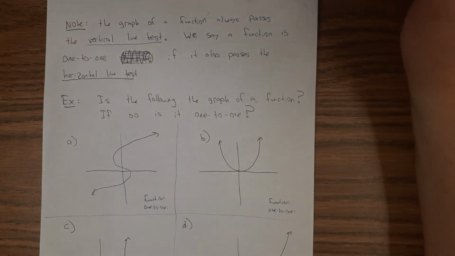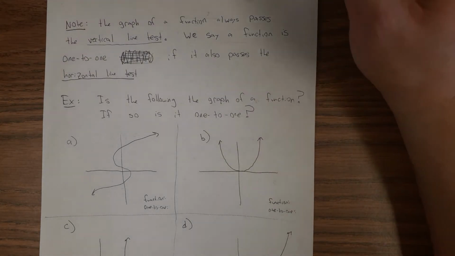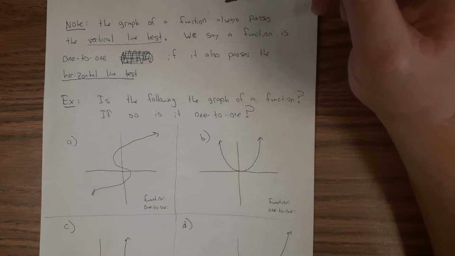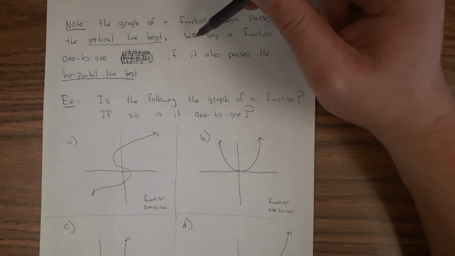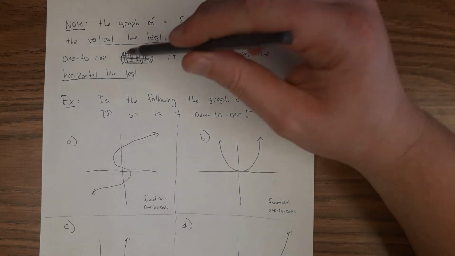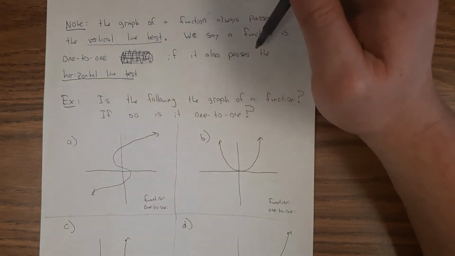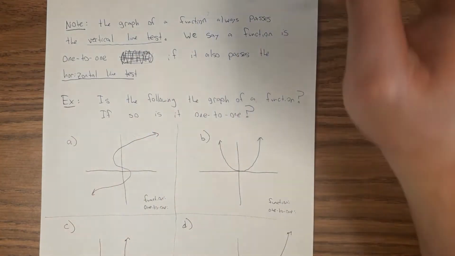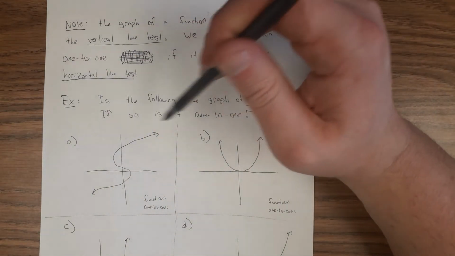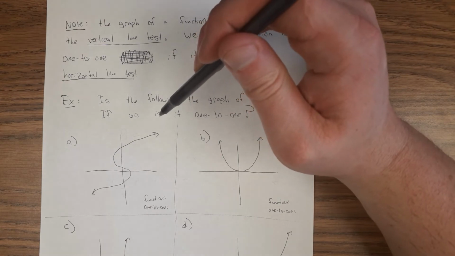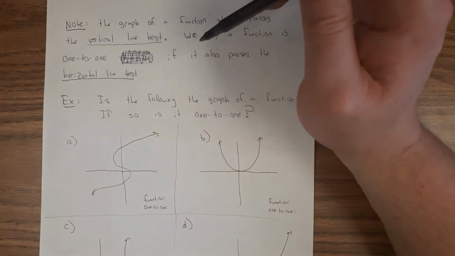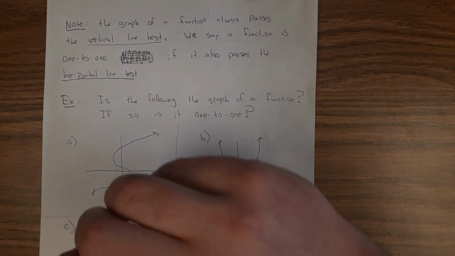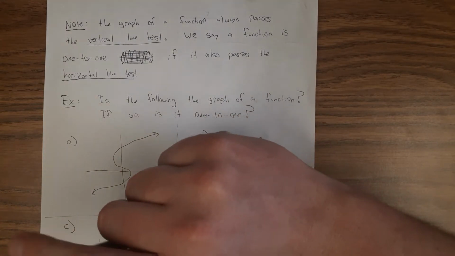It doesn't cross twice or 3 times or infinitely many times or anything crazy like that. By the way, we say a function is 1-to-1 if it also passes the horizontal line test, which means we draw a horizontal line and see if it crosses twice. If it's possible to draw a horizontal line that crosses twice, then it fails the horizontal line test. But if every horizontal line crosses only once, then it passes the test.